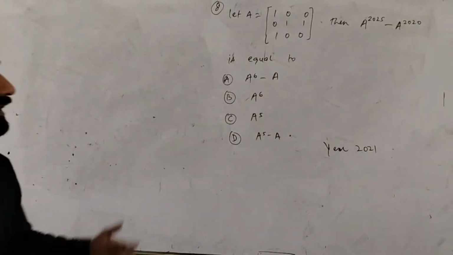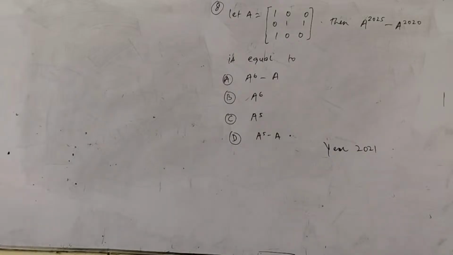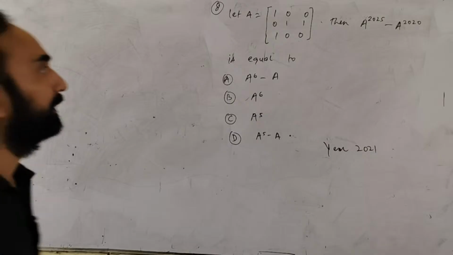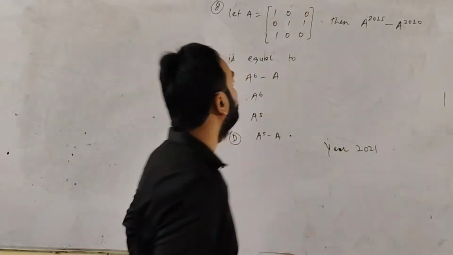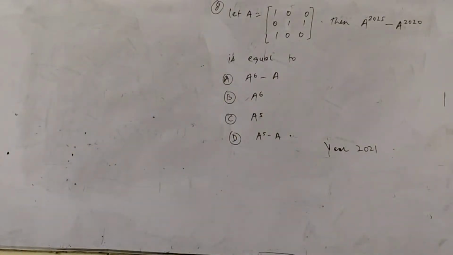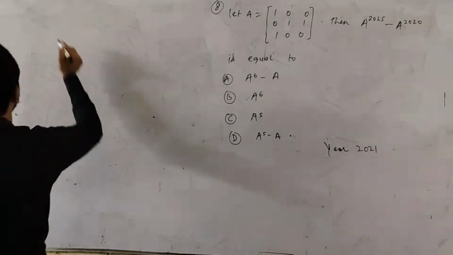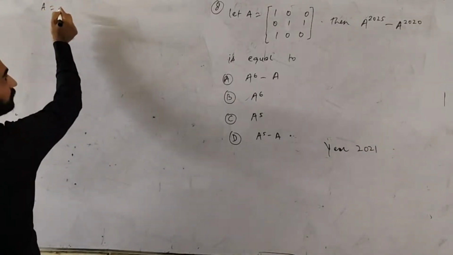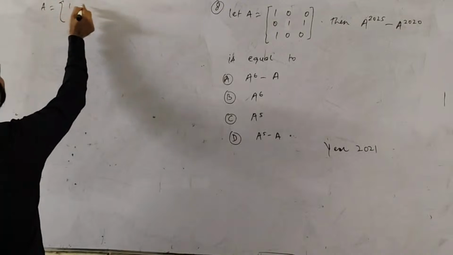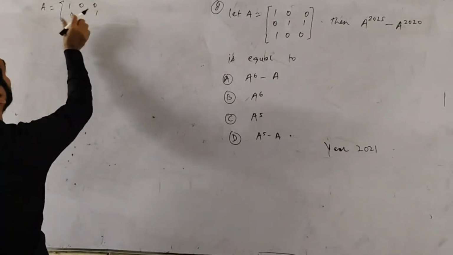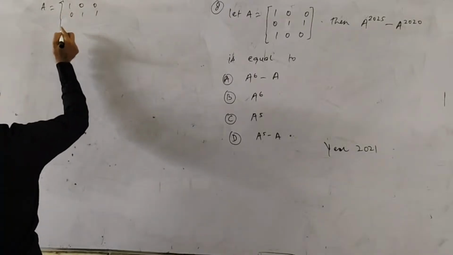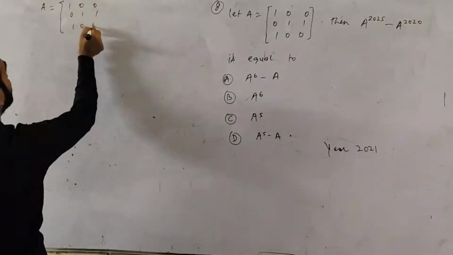Just see how we can do. Again, start finding A square, A cube at least, so that we can see some of the pattern. And this is a 3 cross 3 matrix, right? So be a little bit calculative. A is 1, 0, 0, 0, 1, 1, and 1, 0 and 0.